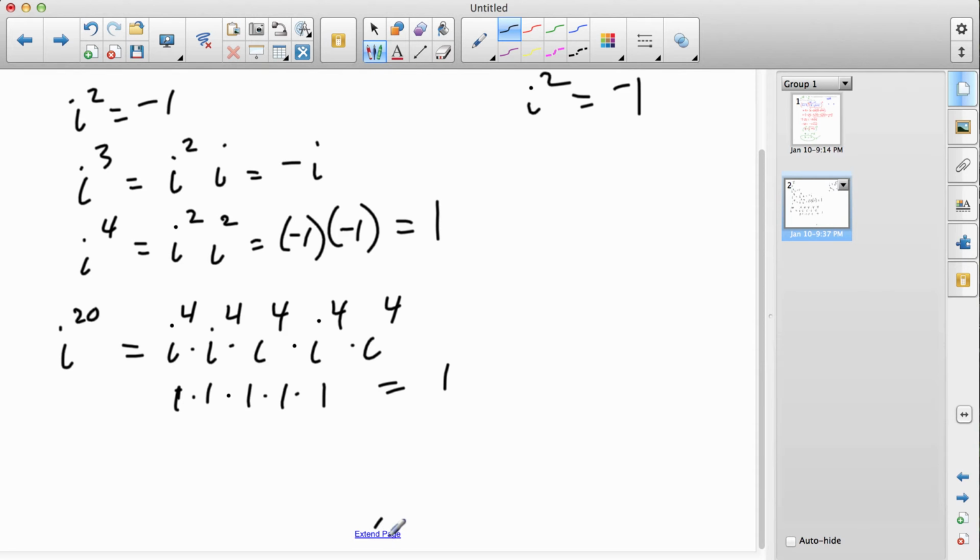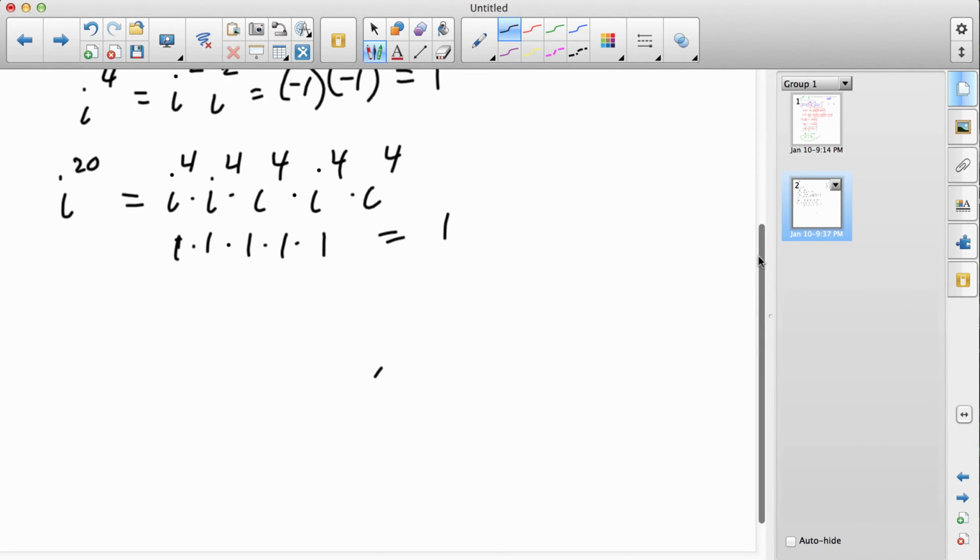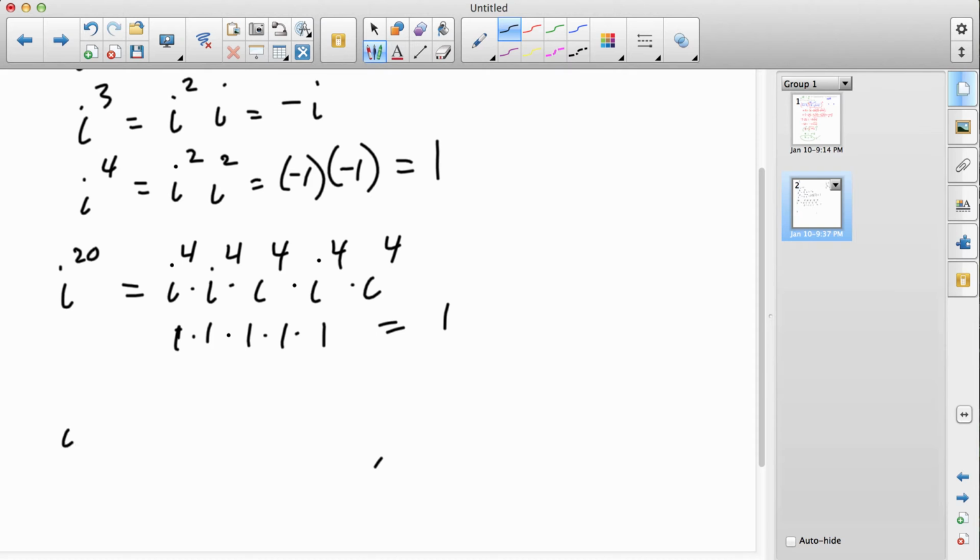So maybe let's try a bigger one. Like say i to the 75. I could do it in combinations of 4, but if I already know that i to the 20th is equal to 1, I could say, well, i to the 75th is like i20 times i20 times i20. That's 60. And then let's do some 4s.